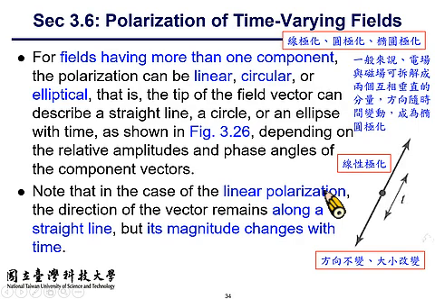So in the early days of mobile communication, I mean about 30 years ago, when the first generation of the mobile phone was developed, the frequency used that day is about 800 to 900 megahertz.